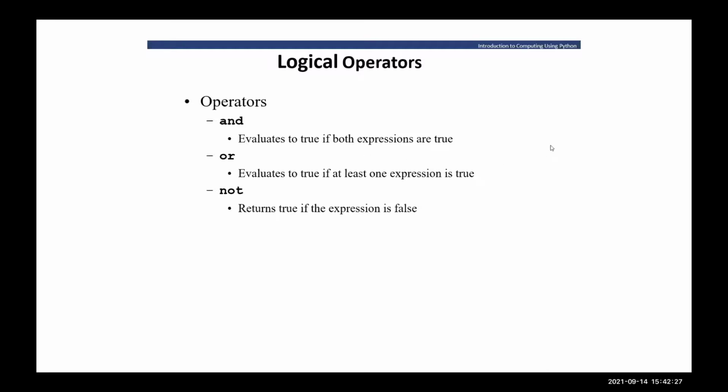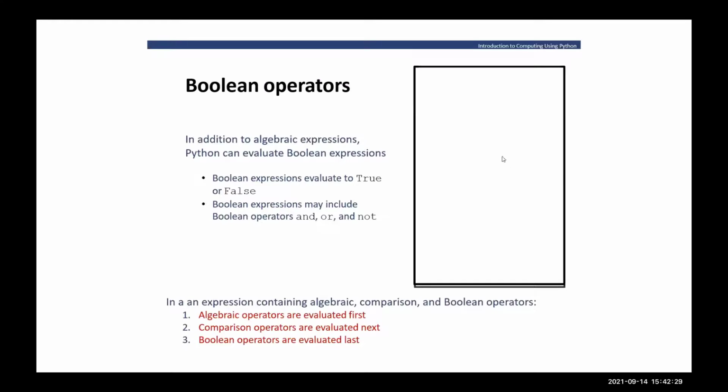Let me give you an example. If I say 2 less than 3 and 3 less than 4, what should I do first? First, I have to evaluate this expression and then evaluate this expression. And then after that, I'm going to do the AND.